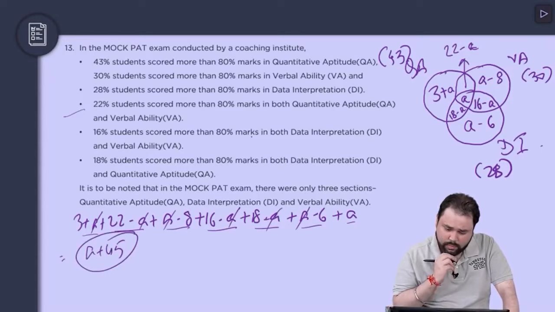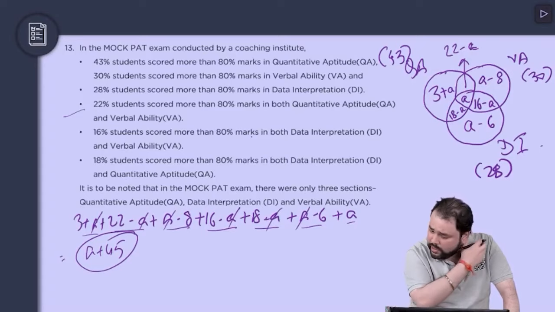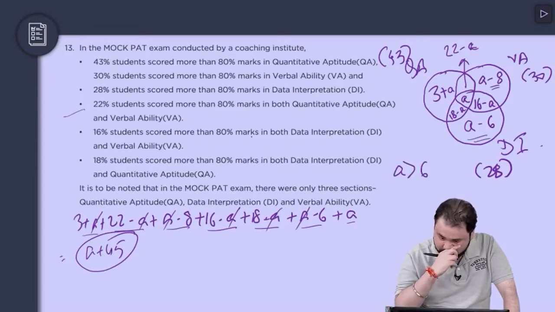So I need the maximum possible value of A. Let's look at this. If you look here, A minus 6, A minus 8, which means A has to be greater than 6 for sure.